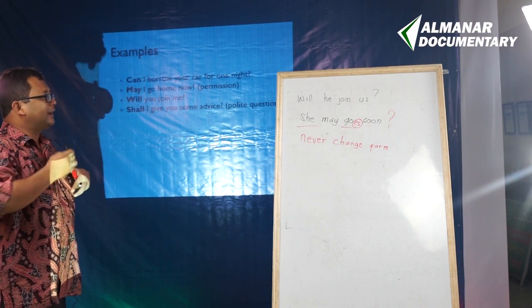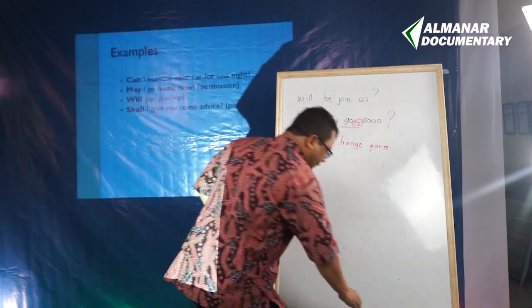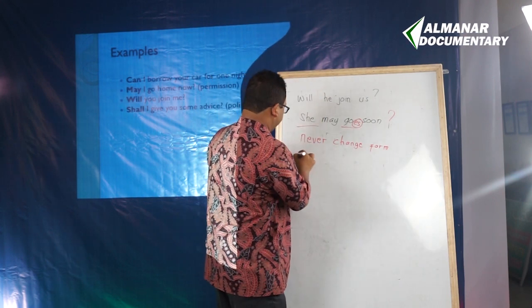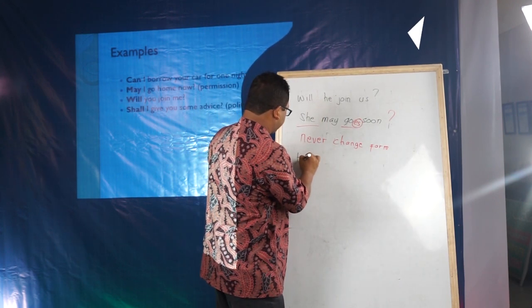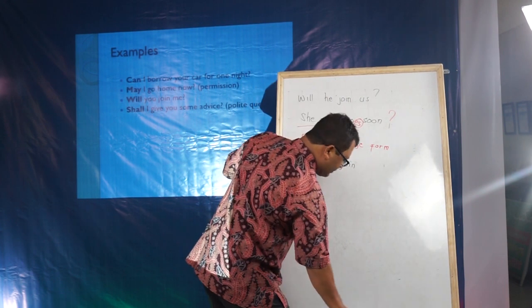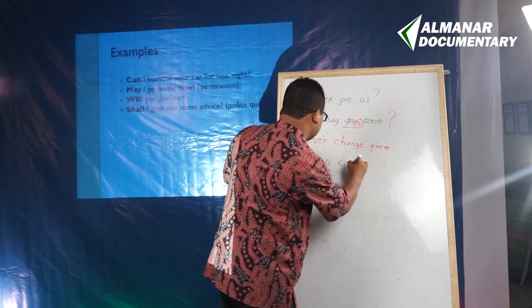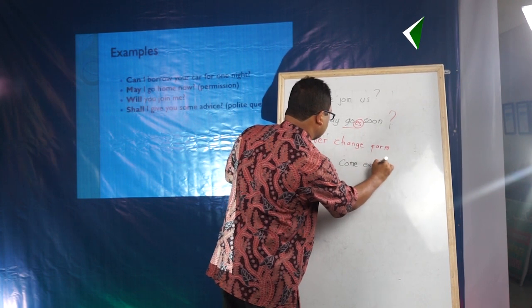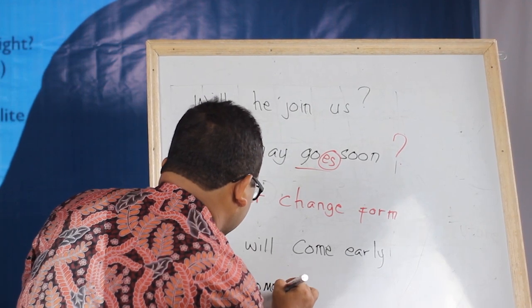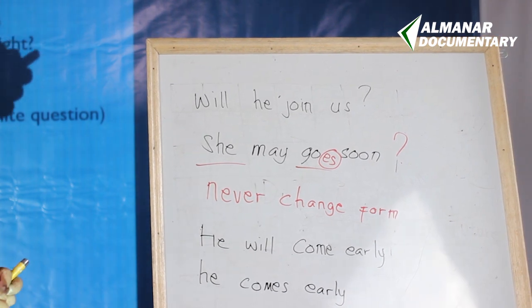Any question for that? And what do we have here? Will he join us? Have a look at the board. I will give you another word. Can you spot any difference?